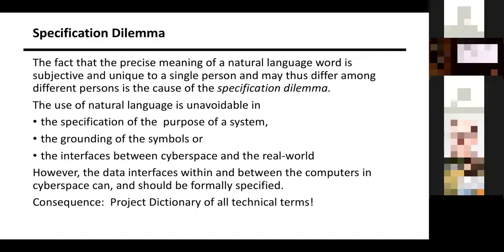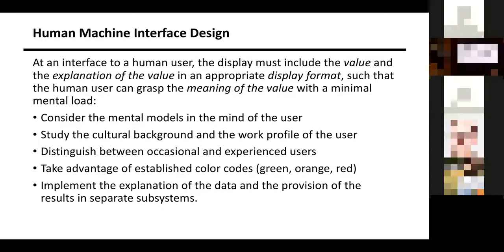But whenever the human comes in, this specification problem pops up, and it comes up particularly with the purpose of a system. How do I ground the symbols? How do I make these interfaces between the cyber world and the physical world? And sensors, actuators, and of course the human-machine interfaces. The next one is in the human-machine interface design.